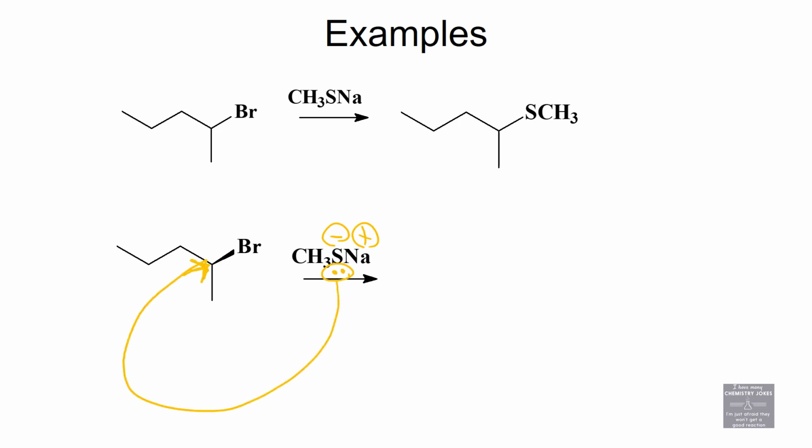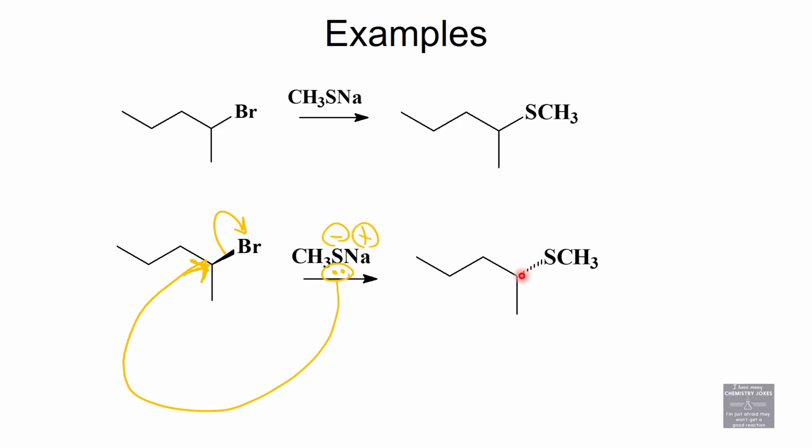Sulfur attacks the carbon that has the halogen connected, pops off the Br, and my product is drawn that way. Why is my product drawn that way? Because of inversion of configuration. When I kept my backbone in the plane, all my stuff in the plane stayed exactly the same.